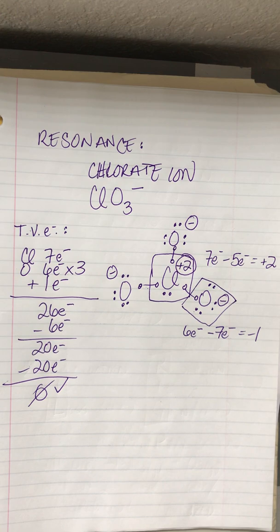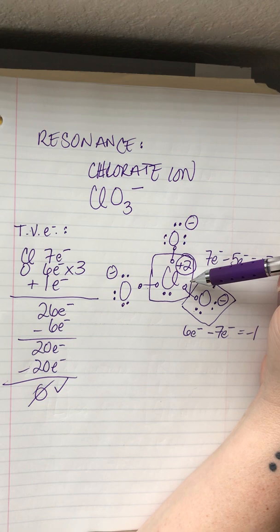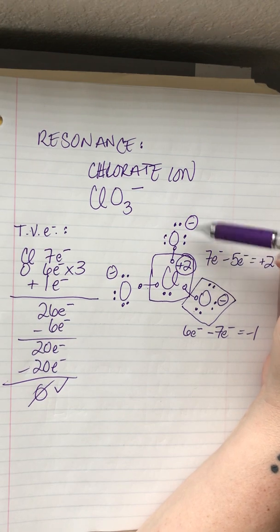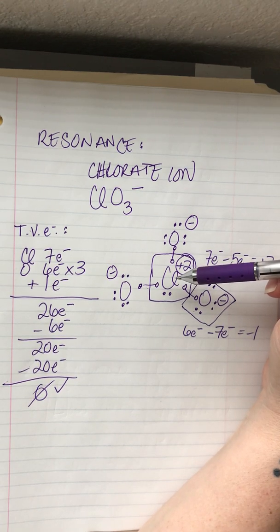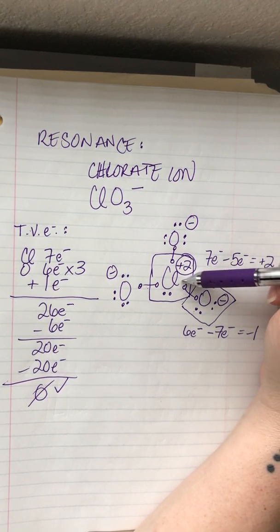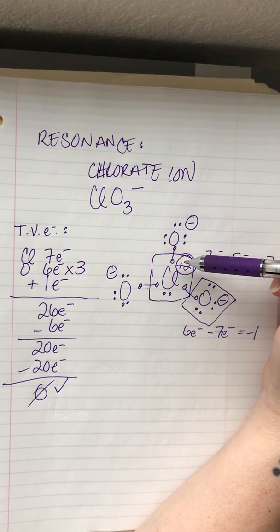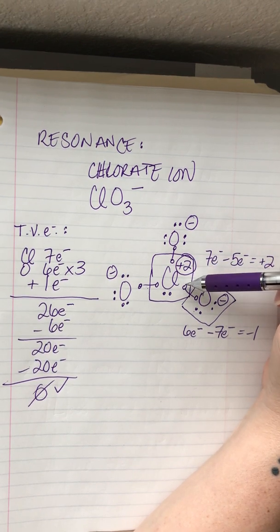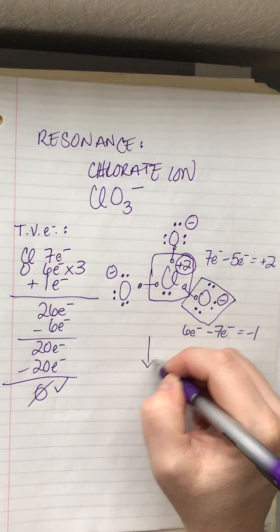No, right? We always know that negatives are going to be attracted to positives. So if we have extra electrons on these oxygens, they're going to be attracted to the positive charge on chlorine. Because there's a +2 on chlorine, my initial thought is we need to make 2 double bonds to get rid of that +2 charge. Does that make sense? So that's what I'm going to do down here.